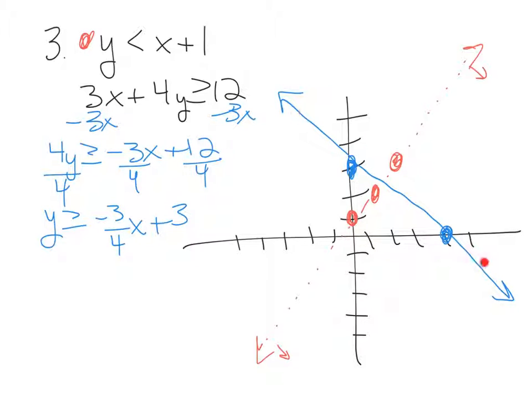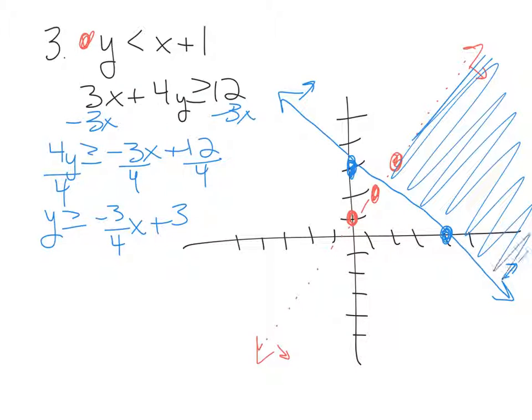Looking at this line, which direction, this way or this way, is y getting bigger? Well, this way, so I'm going to shade in that direction. Again, I'm looking at where they match up. Here's where they match up, in this section of the two lines, so that is where I would shade.